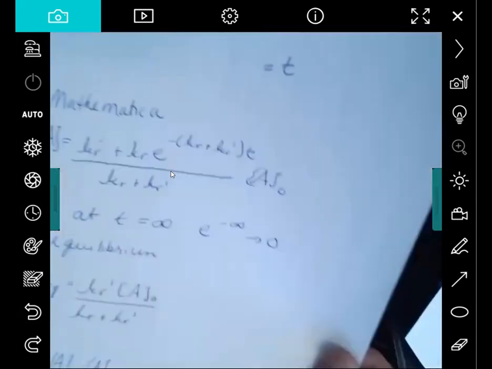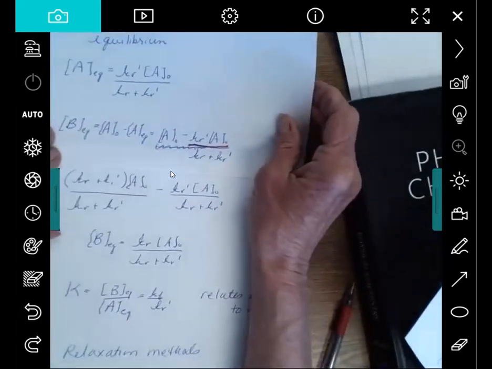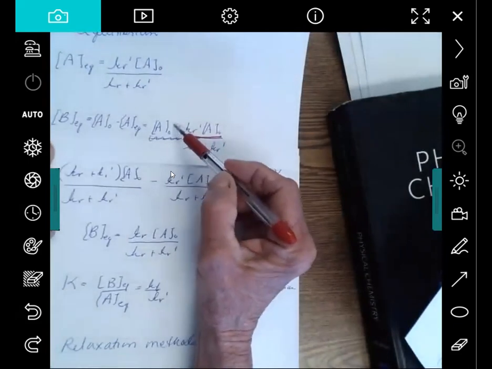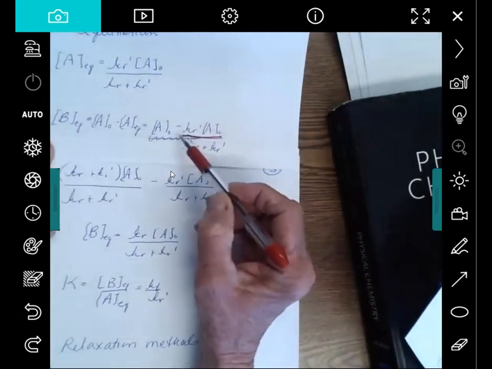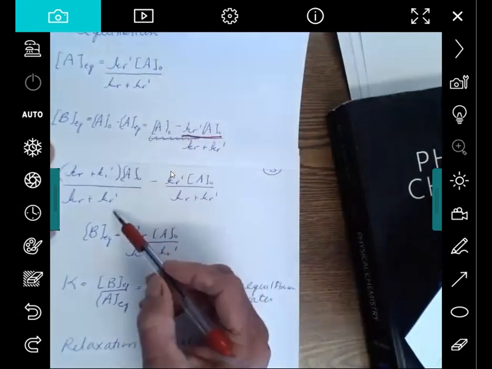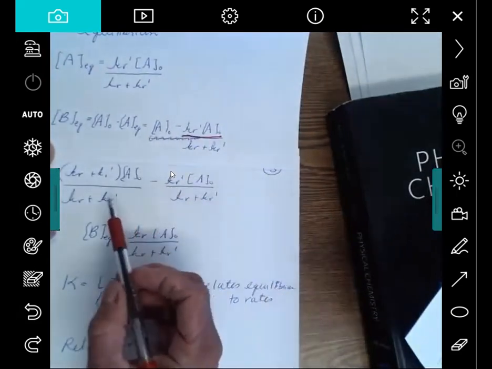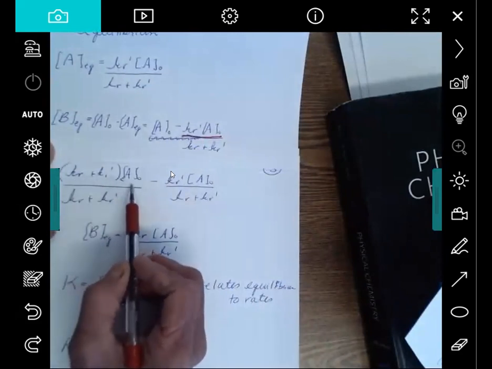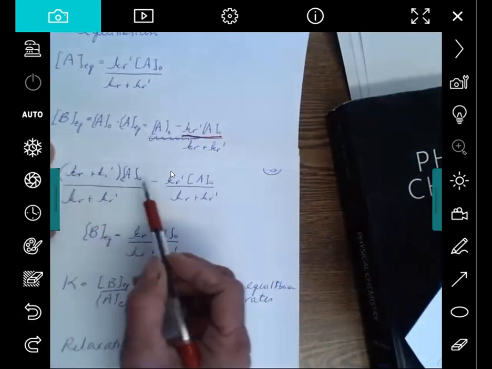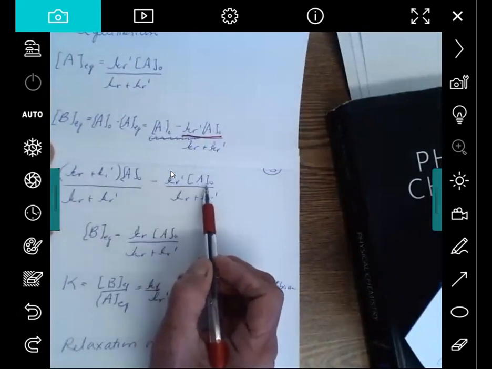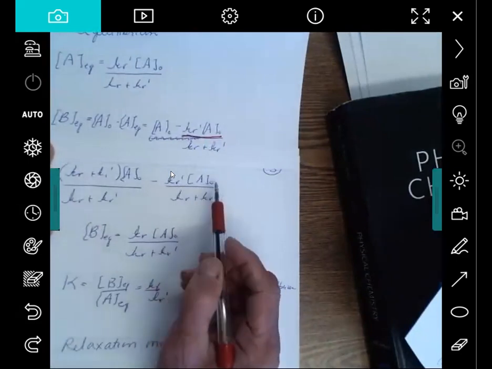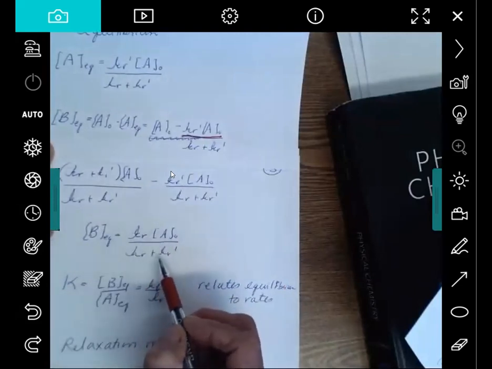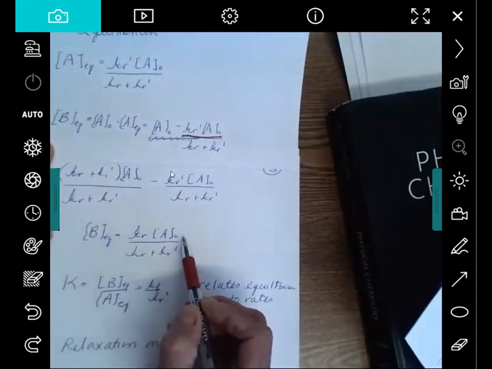So if we rearrange that, all I did was multiply A0 by the denominator, top and bottom, so that we could get a common denominator. And when I did that, then Kr A0 remains, but Kr prime minus Kr prime cancel each other. And so we end up with B at equilibrium is Kr over Kr plus Kr prime times A0.